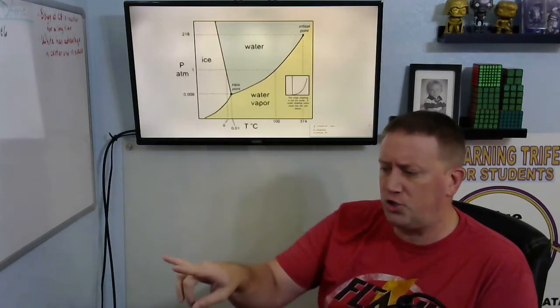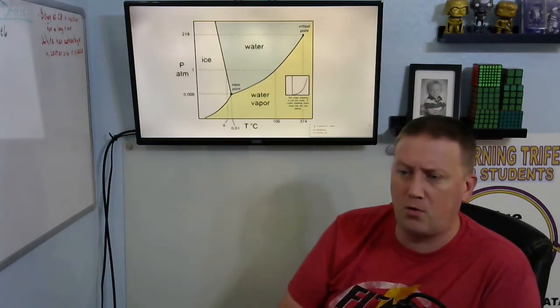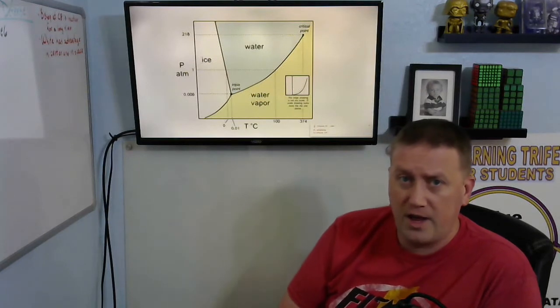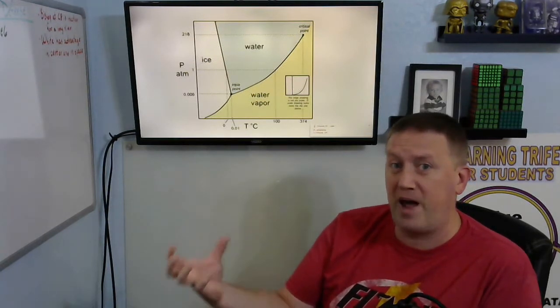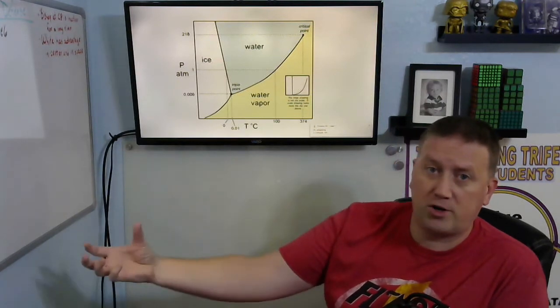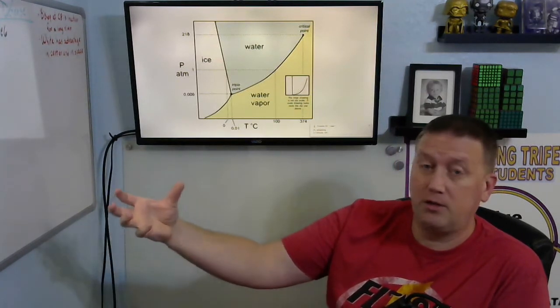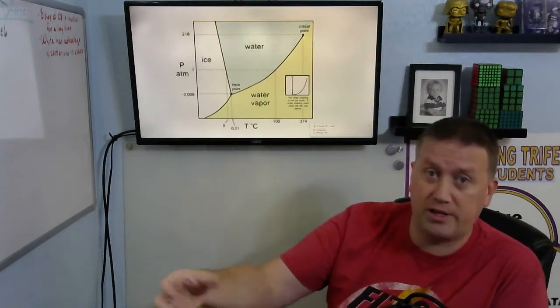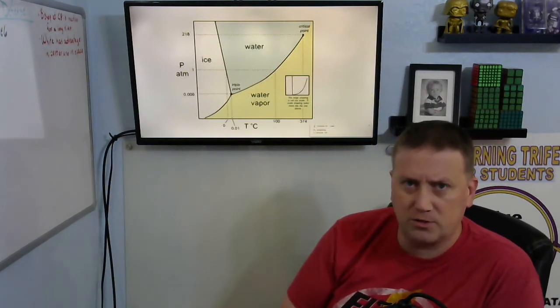So those are the two variables that you need to be familiar with as far as what causes matter to change from liquid to gas, liquid to solid, or any combination of those.